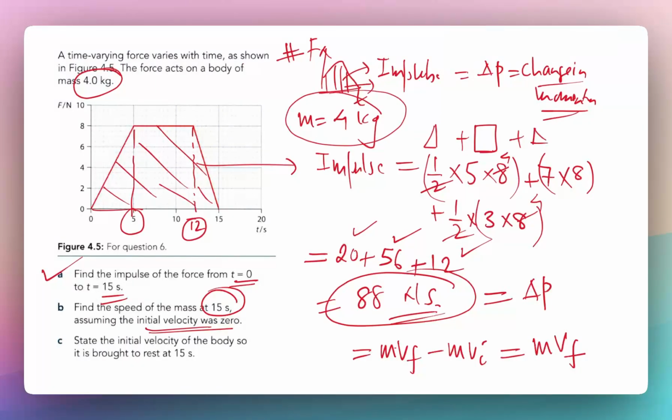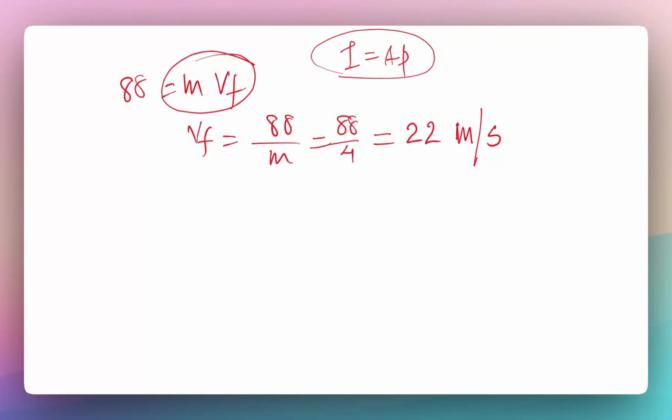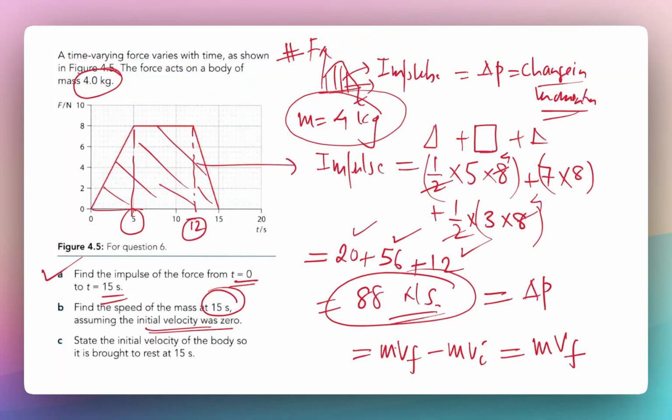We noted it down. That's 4 kg. So this is going to be 88 divided by 4, and that's going to be equal to 22 meter per second. Okay, that's pretty easy, right? So if you know the impulse momentum theorem, that impulse is equal to change in momentum, you should be able to do this pretty easily.